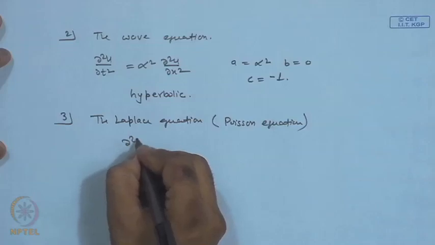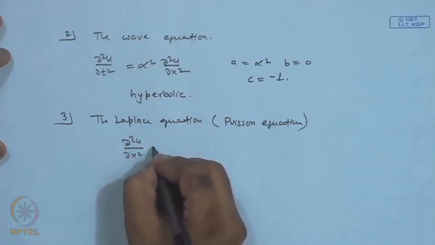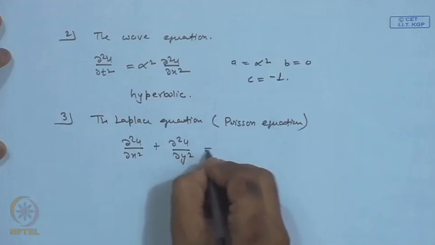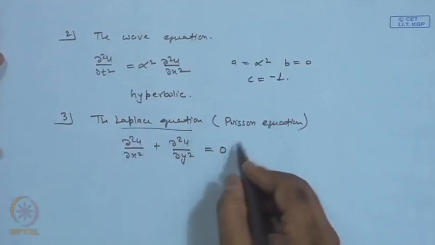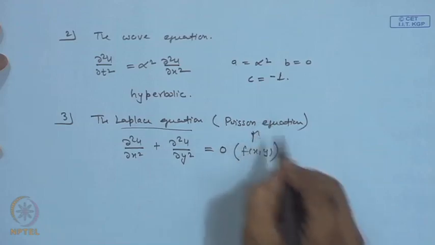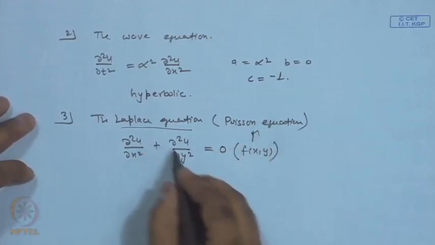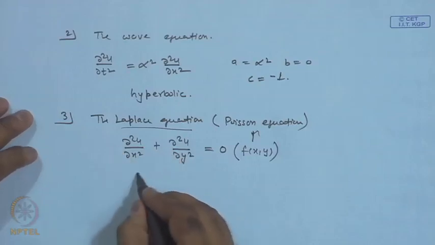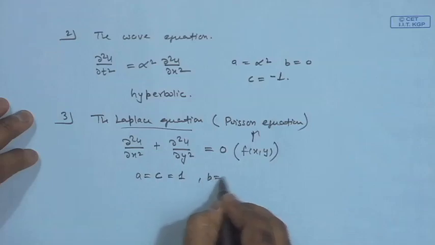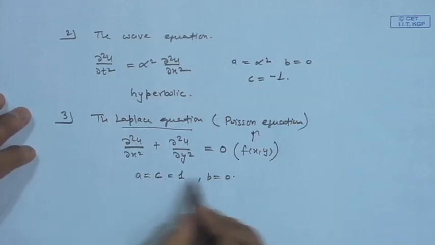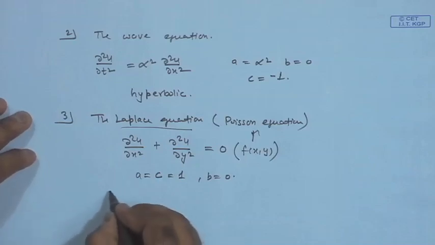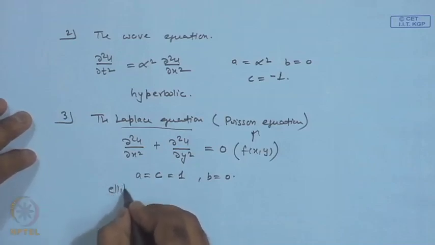These equations are del 2u over del x square plus del 2u over del y square is 0, which is called the Laplace equation, and if the right side is a function of x and y, then this is called the Poisson equation. In this case we have a equal to c, equal to 1, and b is 0. So, b square minus 4 ac is negative, and this is an elliptic equation.